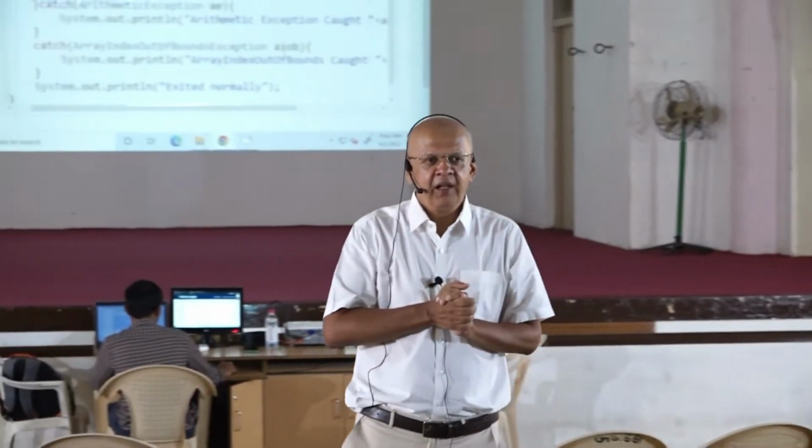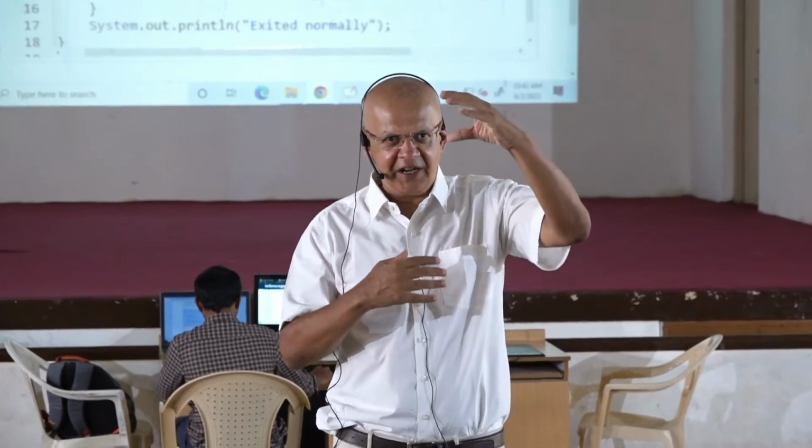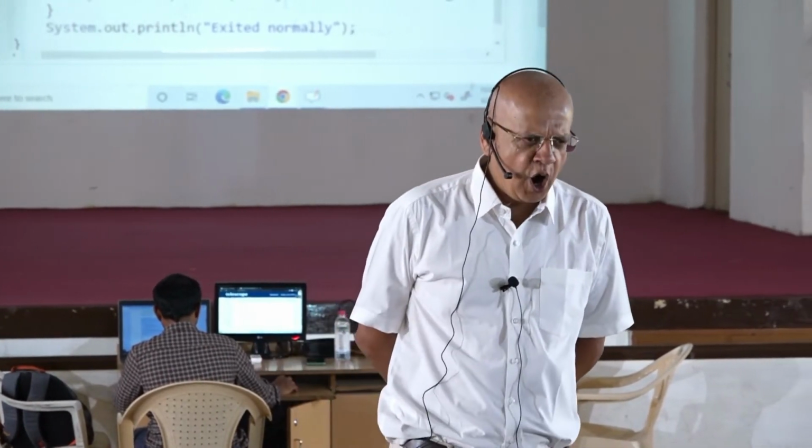Done. Now, proceeding further, I have one try and possibly many catch blocks. Often the requirement is, well, there is a possibility of 20 exceptions, but I am a bit lazy, so I really don't want to deal with each different kind of exception differently.